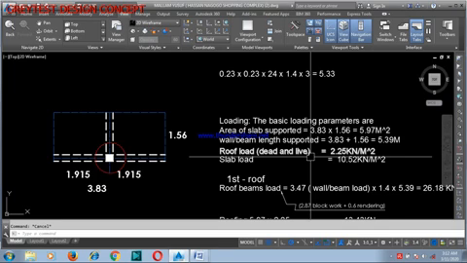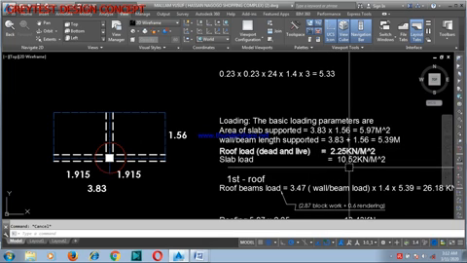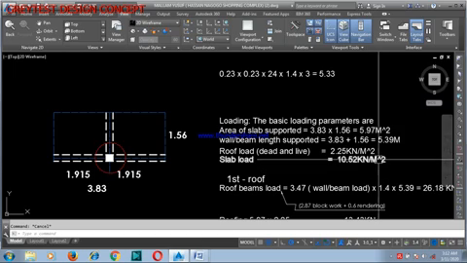Then the live load of that roof is 0.25. When you sum 2 plus 0.25, it gives you 2.25.